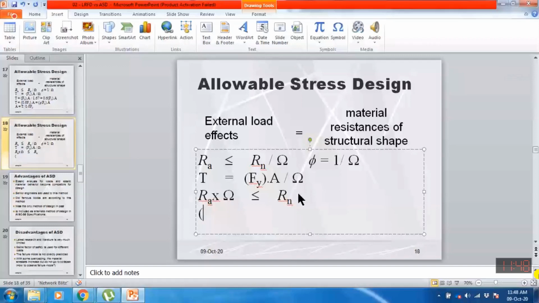This may be the summation of dead load plus live load, and then I'm multiplying with omega, the factor of safety, and our equation is this one.